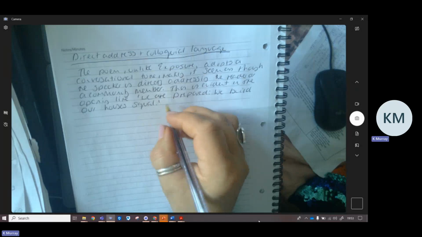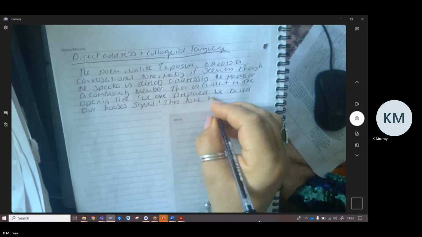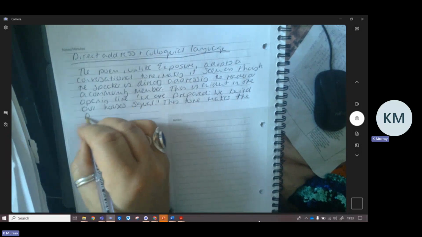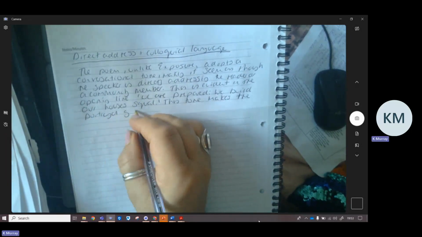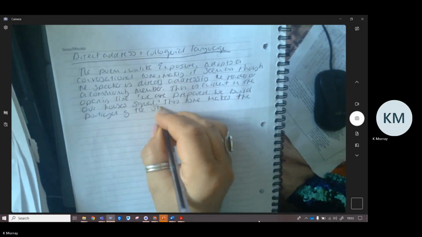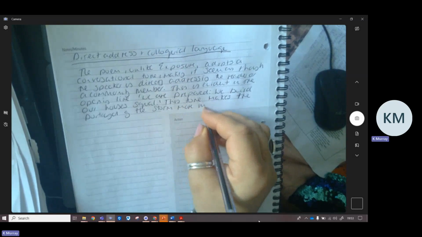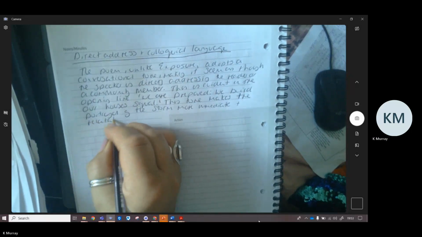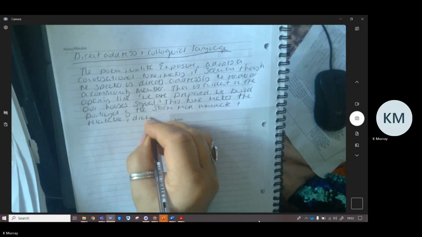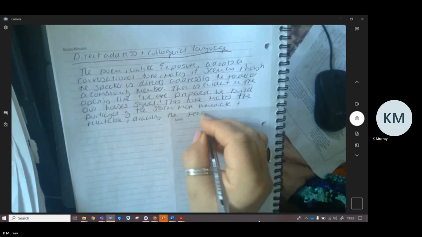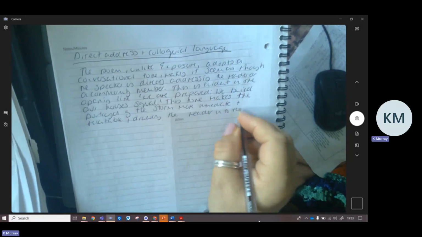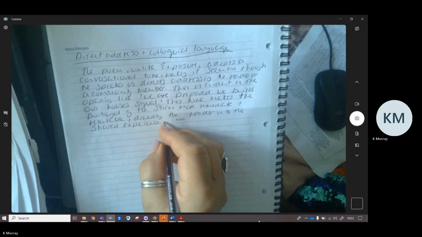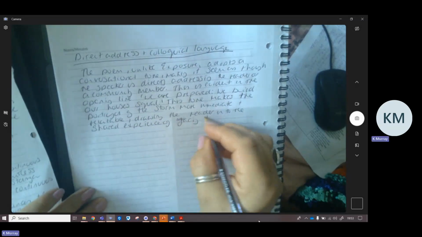This tone makes the portrayal of the storm more immediate and relatable, drawing the reader in to the shared experience of facing the storm. Okay, that's what he does.